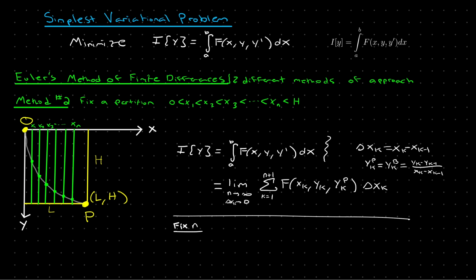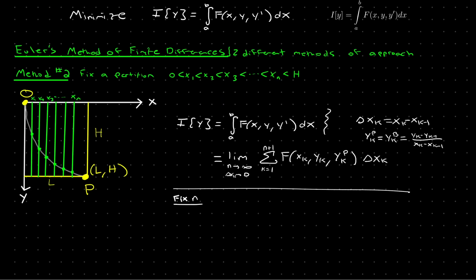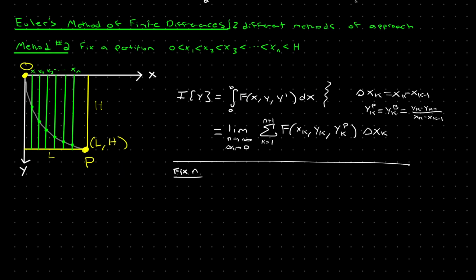And just like in method 1, if we consider not actually taking this limit, but fixing a value of n, such that we only have a finite number of points, this is going to be an approximation. So this summation is an approximation of the integral of this function.